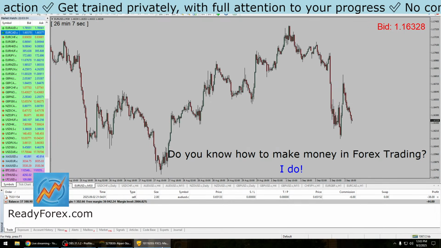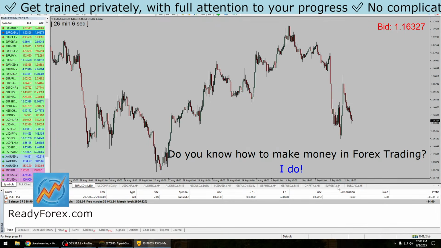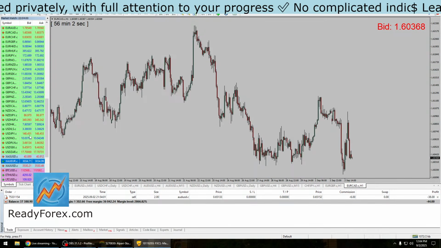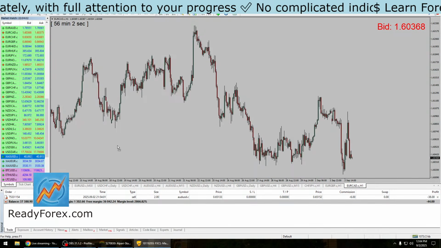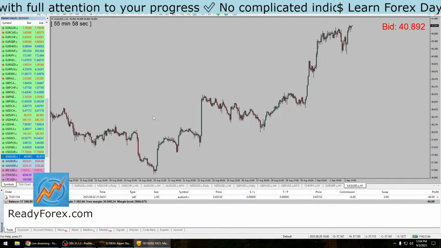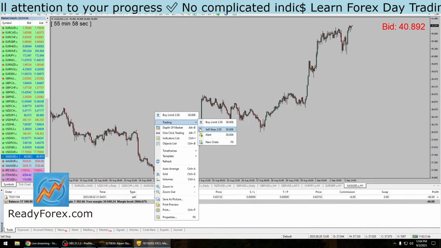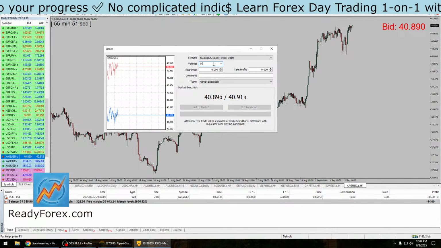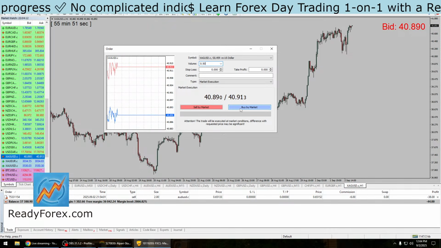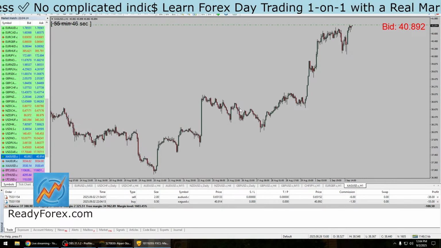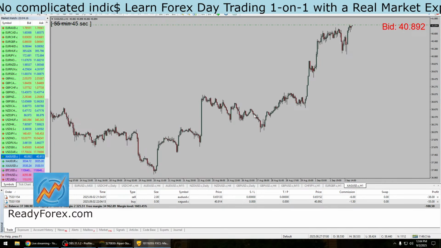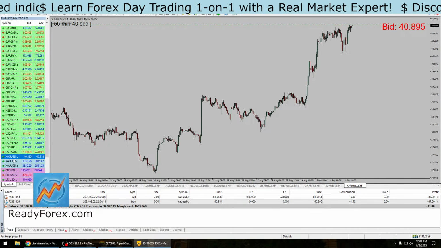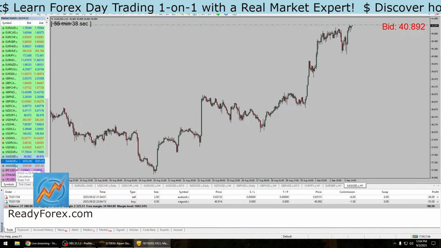Okay, let me go over here. Here's the spot gold, trying to fire up over here. Now I'm going to reduce the lot size over here. Okay, this is the silver. Next, check out the XAU-USD pair.